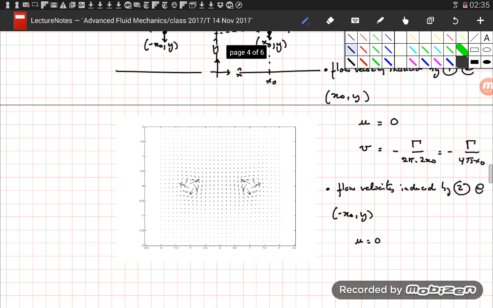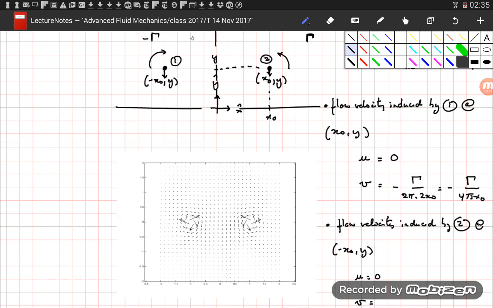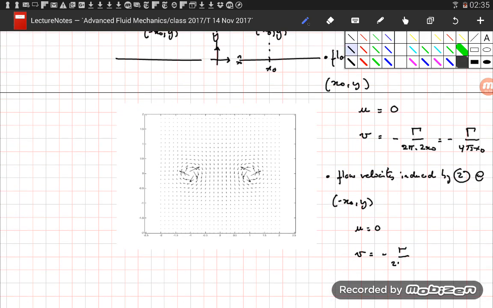And v, the velocity in the y direction, because it's turning in the counterclockwise direction, will be equal to minus gamma divided by 2 pi times the same distance, which is 2x naught. So it will be equal to minus gamma divided by 4 pi x naught.